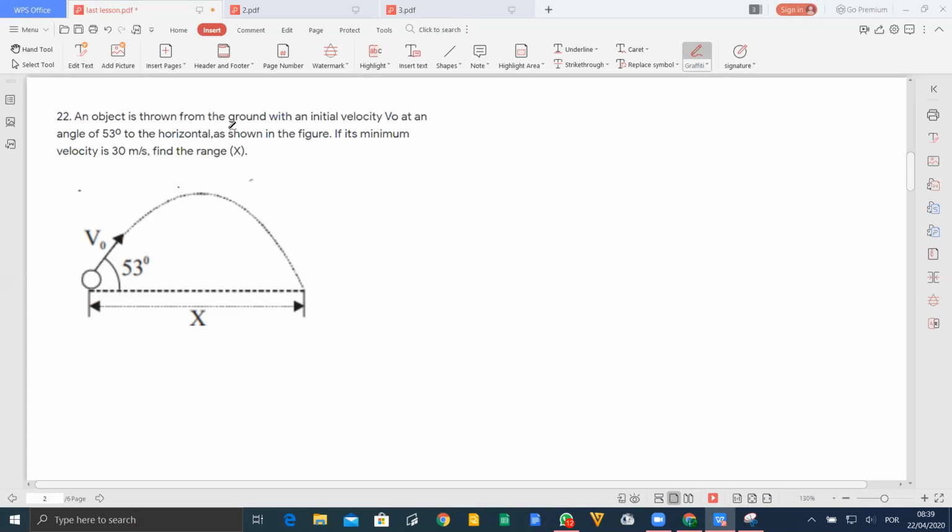Okay, an object is thrown from the ground and we don't know V0, but if its minimum velocity is 30 meters per second, what is the range? This is the question. What you need to understand is the meaning of if its minimum velocity is 30 meters per second. Except the point where the H maximum is, the other points from the left side or right side, the velocity has X component and Y component.